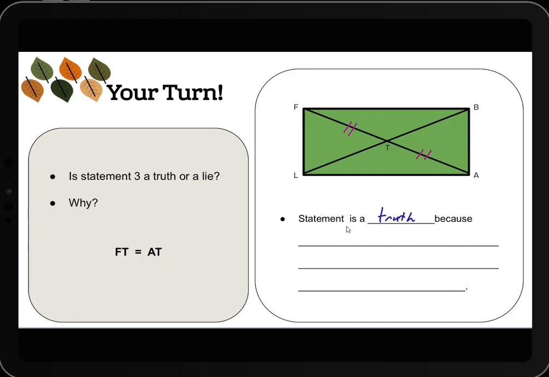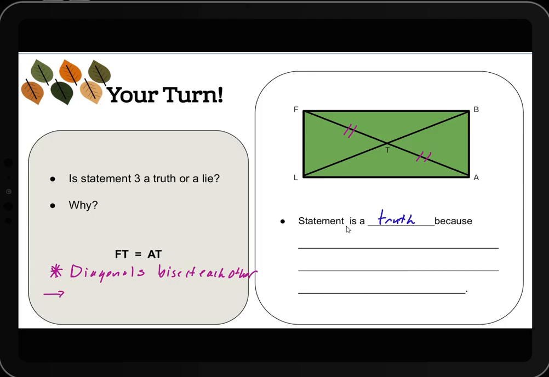Now, a couple facts that I want to remind you of. Some of the properties of a parallelogram. Diagonals bisect each other, right? So diagonals bisect each other. That is a parallelogram property, and that's exactly what we're showing here. And what that means is it divides each diagonal into two equal lengths or segments.